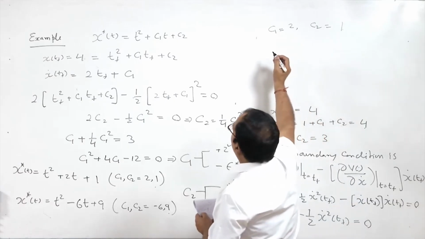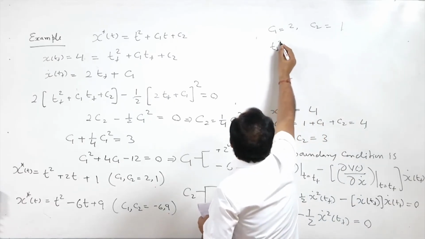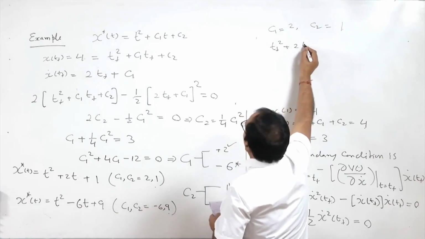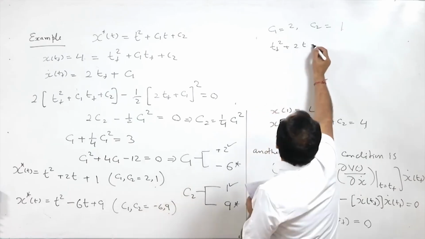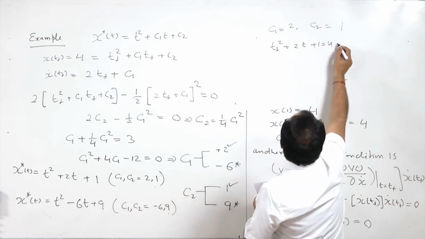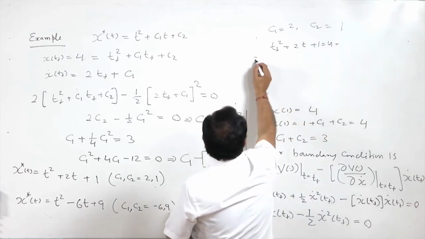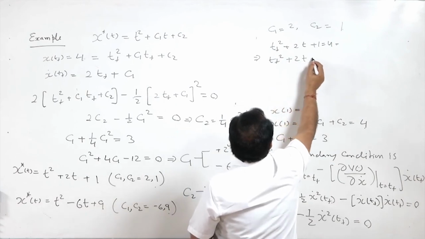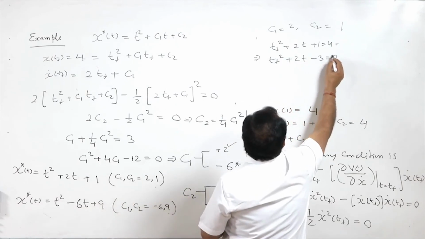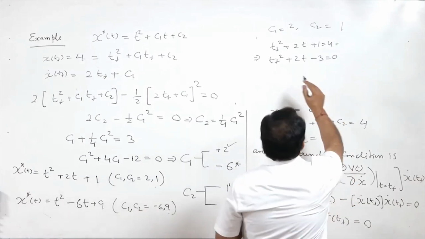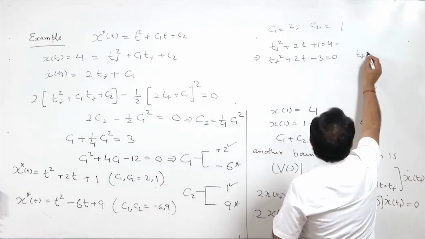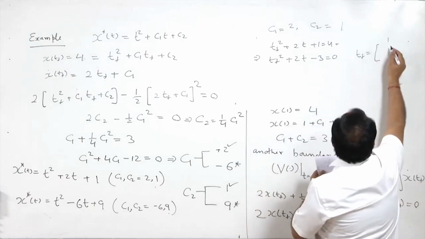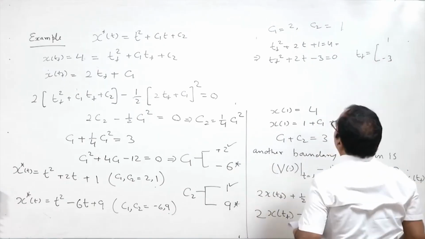So, these equations give me TF square plus 2t plus 1 equal to 4. This implies TF square plus 2t minus 3 equal to 0. If I solve this, it gives me TF equal to 1 and minus 3.